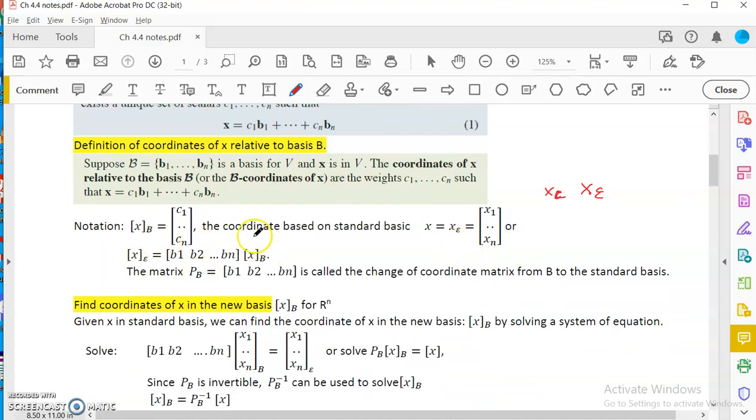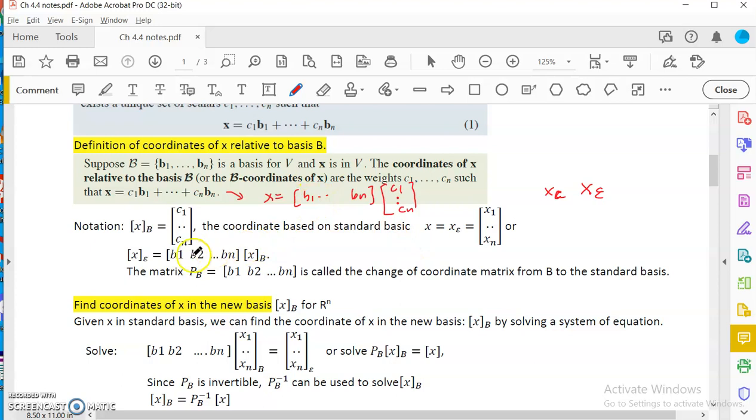How can we find this x? Because x is defined by that, if you write it in matrix form, x equals a matrix with columns B1 to Bn, times a vector C1 to Cn as the weights, just like a matrix equation when we solve a system of equations.